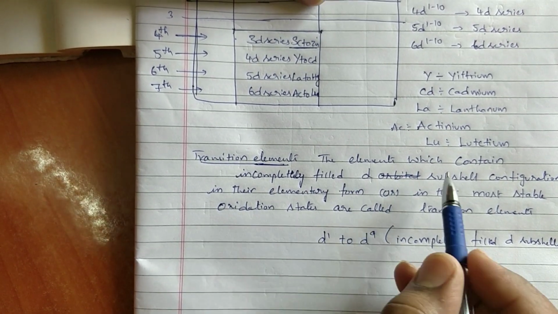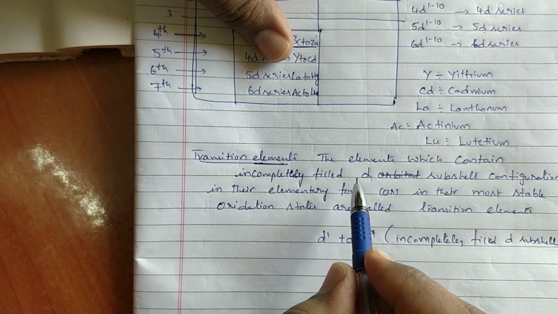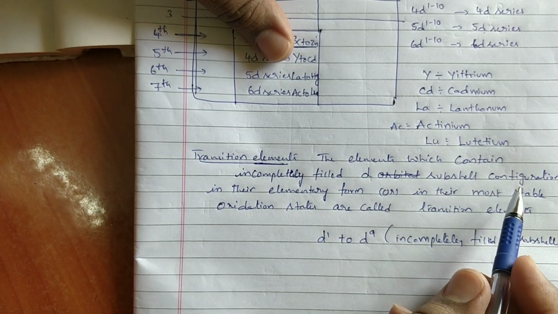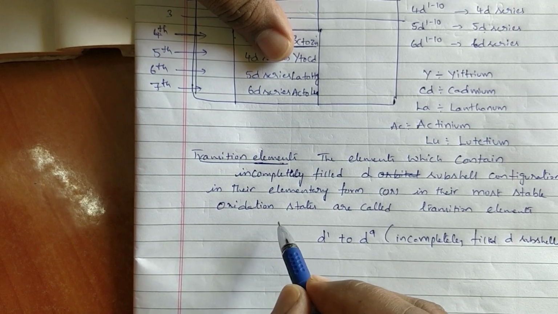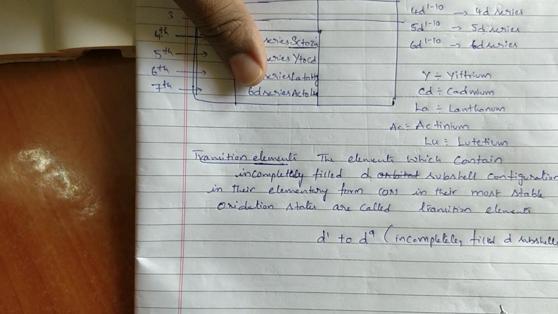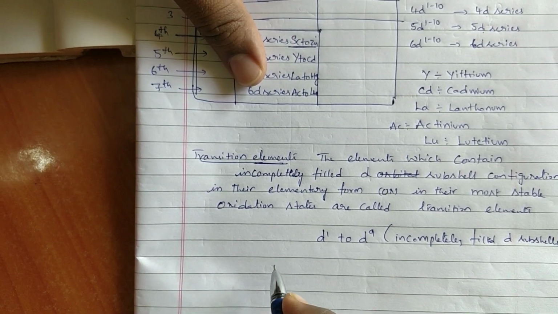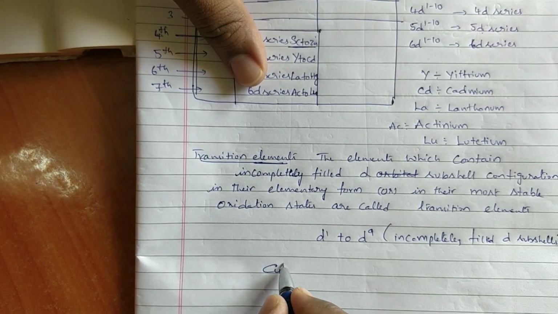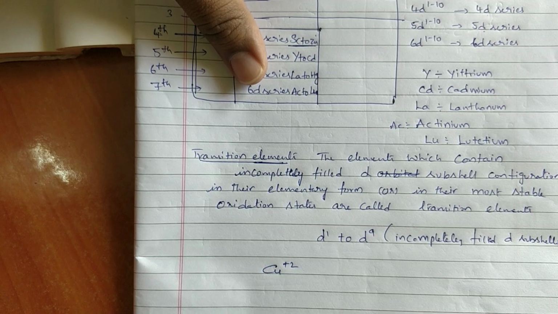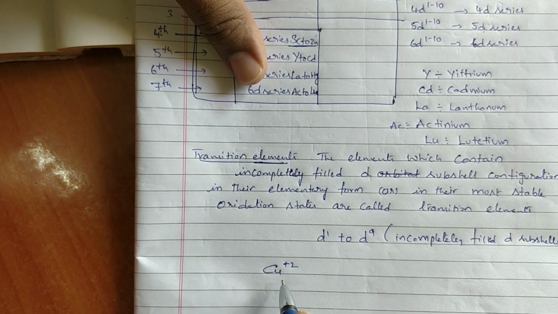So the elements which contain incompletely filled D subshell configuration in their elementary form or in their most stable oxidation state. For example, the most stable oxidation state of copper is +2.